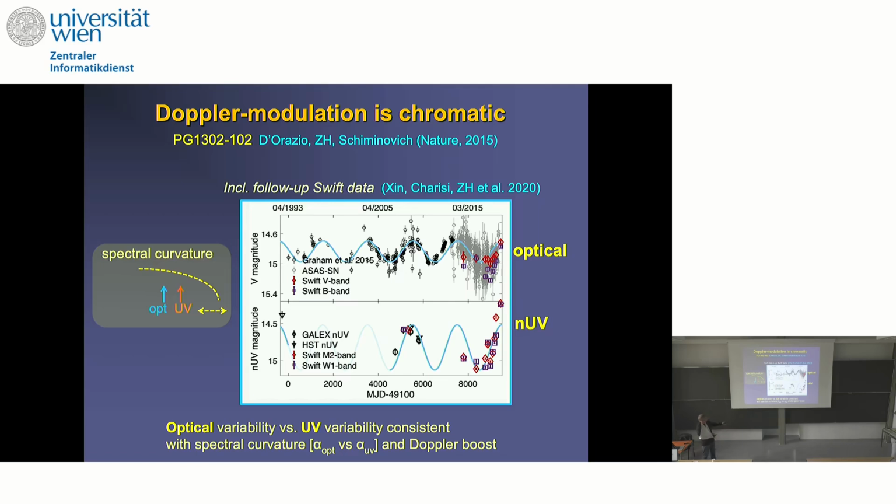This blue curve is the same sinusoid, but with an amplitude that's 2.5 times bigger than in the optical, which is actually consistent with the spectral slope. Does that make sense? This object, we have a spectrum. It's a very bright quasar. We don't have a time-resolved spectrum, but we have a spectrum. So we know that in 2 different bands, what should be the ratio of the Doppler modulation. I think in future this can, of course, be done for many, many candidates.